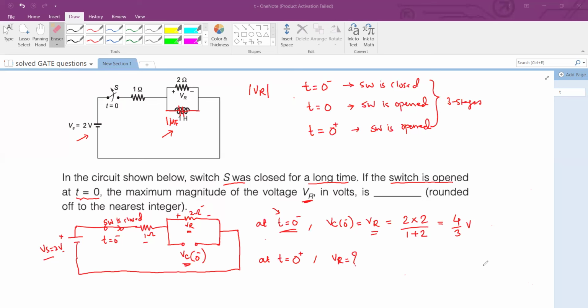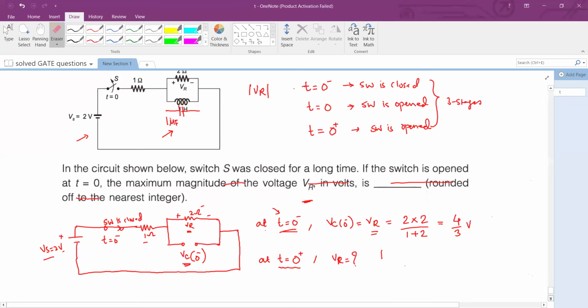For that, I will have to draw the circuit as it looks at t equal to 0 plus. The circuit can be drawn like this. Let me draw it here with the same one. Just a second, let me scroll down so that you can see it better.